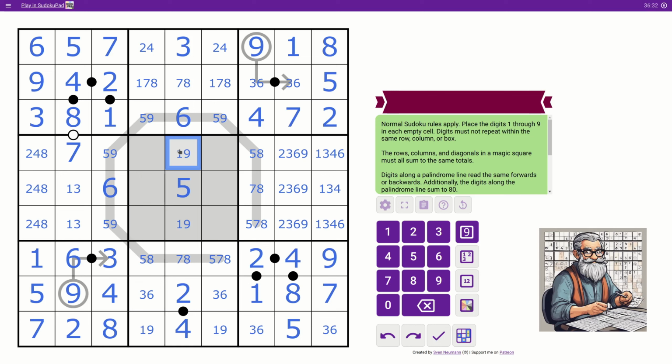Is there any problem with putting 2 4 anywhere? If we put 2 4 here, this would be an 8. This would be an 8. Alright, fine. And if it's a 1, then we'd need 14. So that's an 8 and a 6. I don't see a problem with that either.